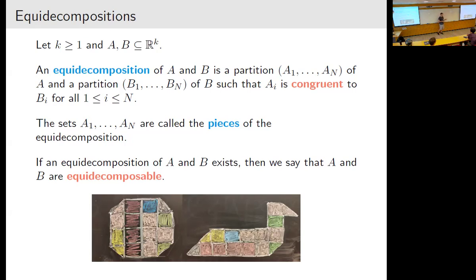One thing I'm cheating on here is that it's technically not an equidecomposition, because I'm not caring about the boundaries of the pieces. I'm not being careful about whether each of these points belongs to the pink or the red. But essentially it's an equidecomposition, sort of, right? Any questions about this definition?